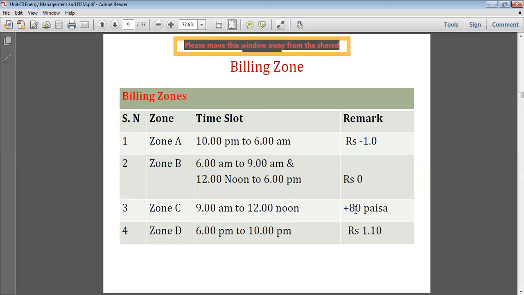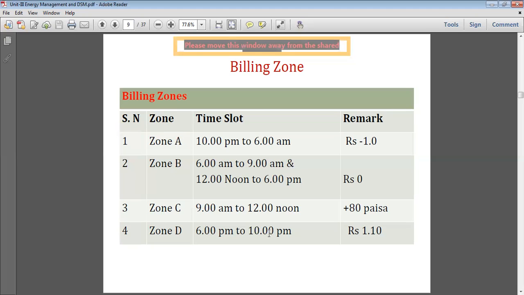So if we are able to switch off our refrigeration plant or cold storage plant from morning 9 a.m. to 12 noon, definitely the consumption gets reduced, and the extra money per unit which is added to the basic rate of energy also gets reduced.